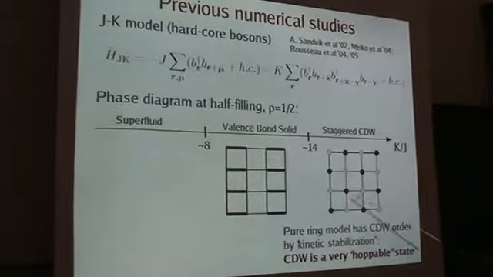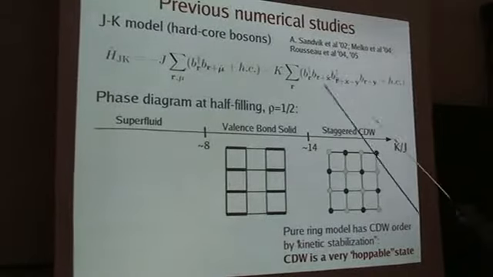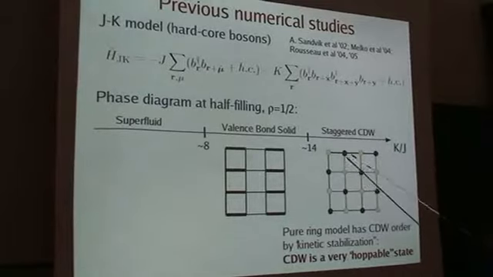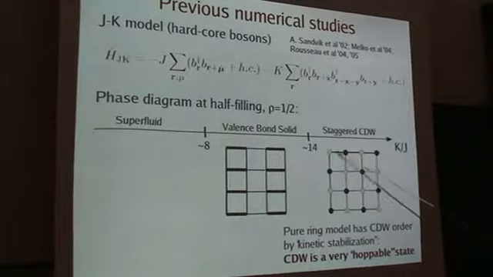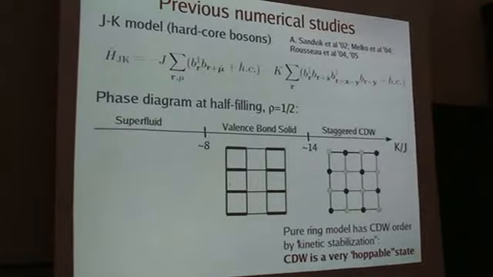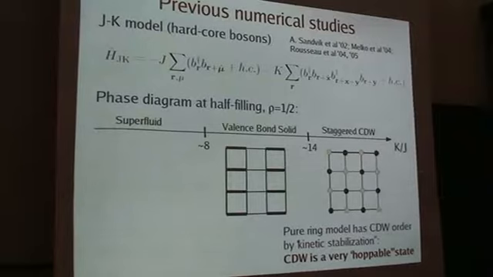This CDW state is very hoppable. Each ring term around each plaquette can operate in this CDW state, and numerically exact quantum Monte Carlo studies find that indeed the ground state has this order.